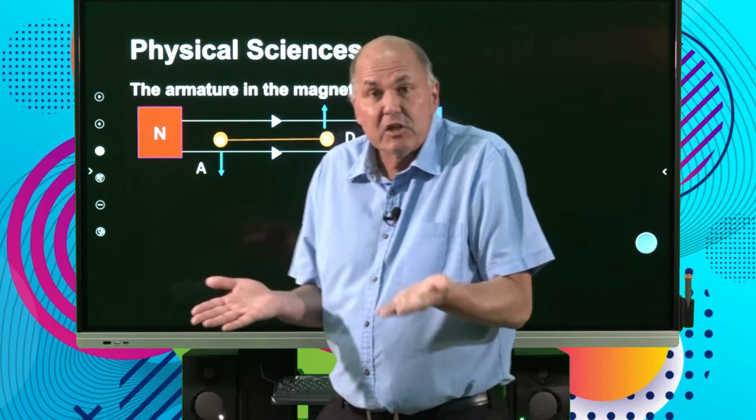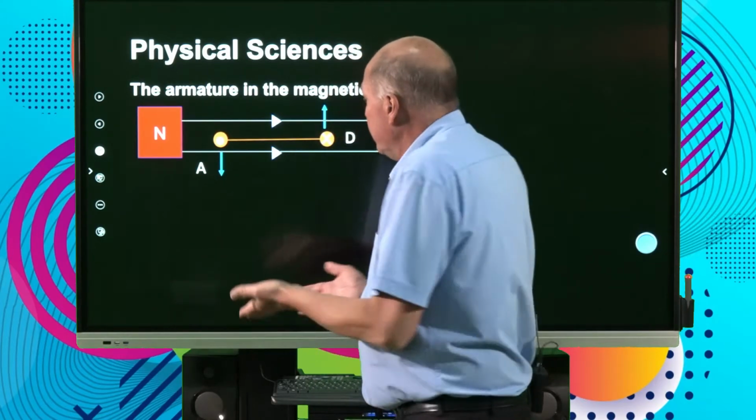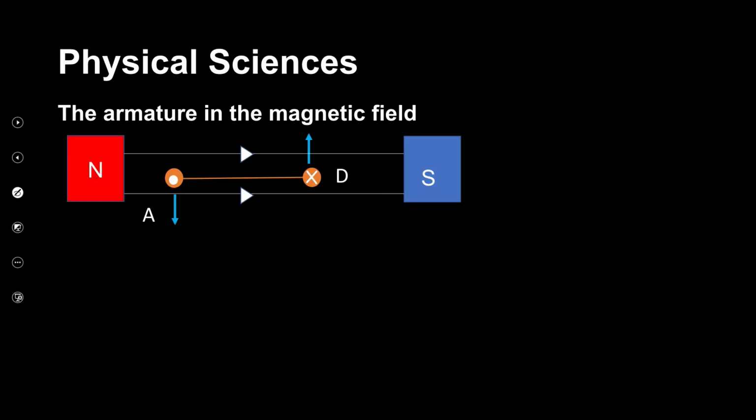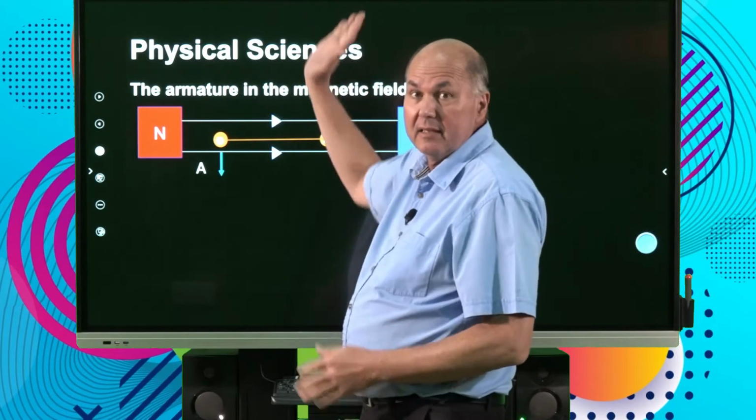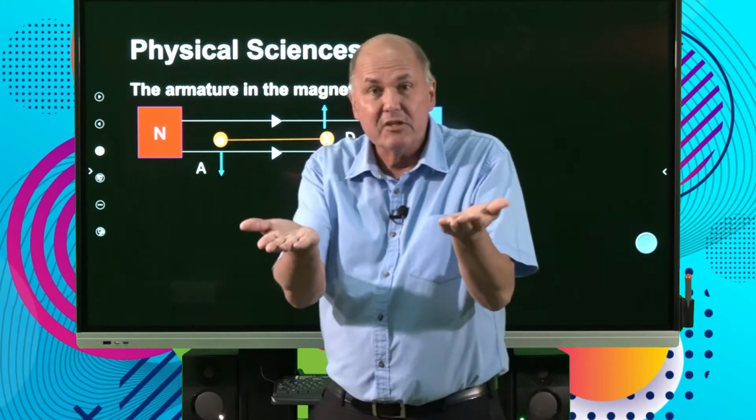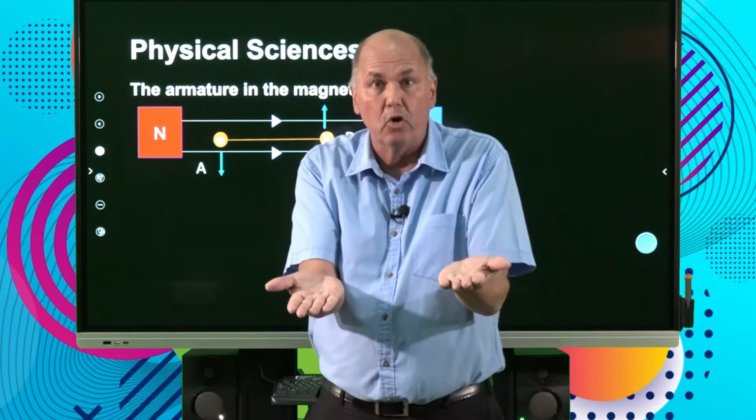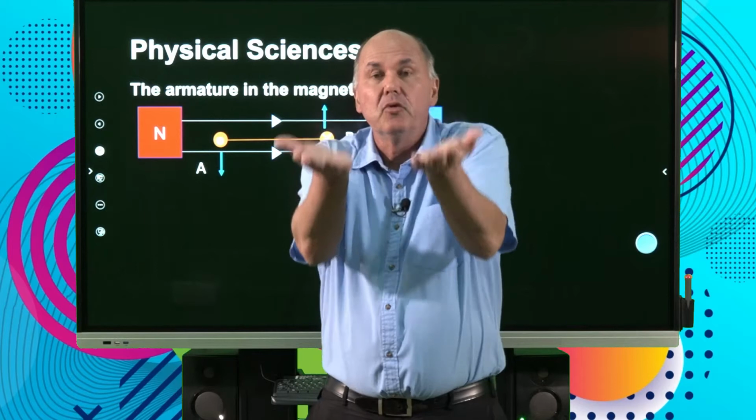That line that is drawn between them is, if you imagine, a coil. Now, at this point, the coil is moving down on this side because it's being pushed down by the handle, and it's being pushed up on this side. So at this point, let's just imagine that this is like a coil that is cutting through the magnetic field. Now, remember, we are only going to get an induced current if we can get the three things working together.